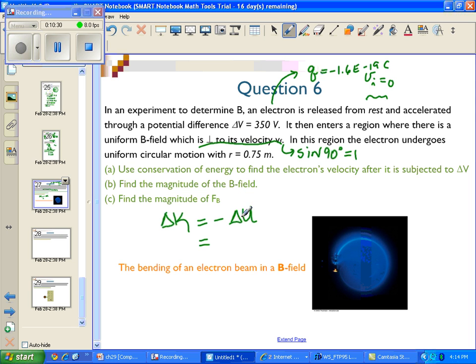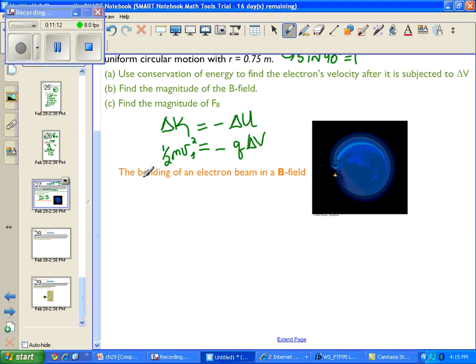In terms of potential, delta U is defined as Q times delta V. So we can substitute delta U by Q times delta V. And because they tell us that it's initially at rest, V initial is 0, so K initial, the kinetic energy initially, is 0. So delta K must be equal to K final, or 1/2 m v final squared. And that is, of course, equal to minus Q delta V.